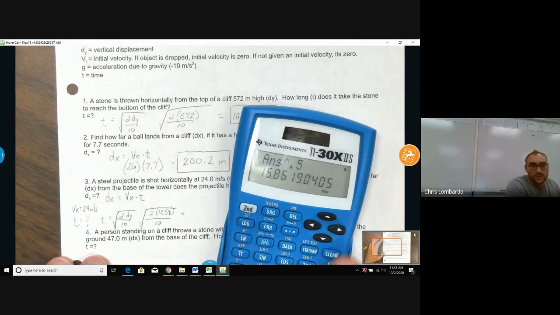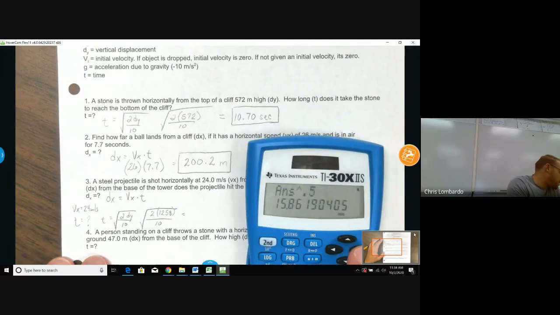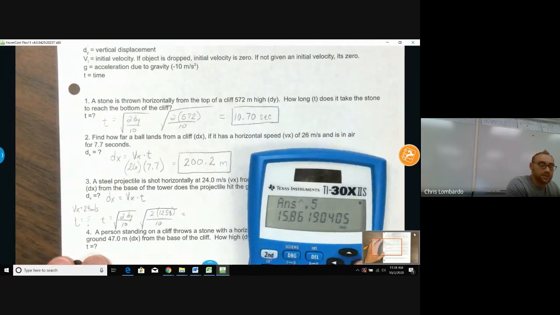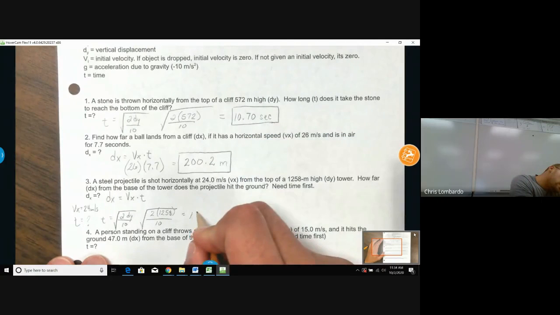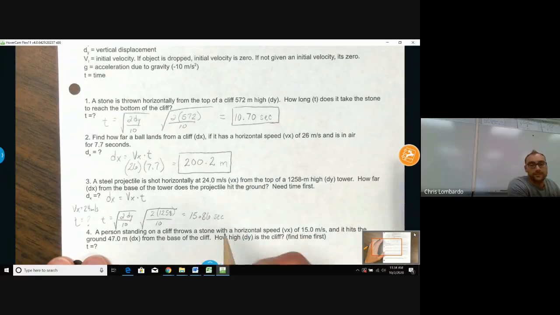And you're going to get 15.8619. Let's round it to 2 decimals. So we'll have 15.86 seconds for the time. Okay, but that's not what our full question was. It wanted the distance horizontally that this thing is going to travel.